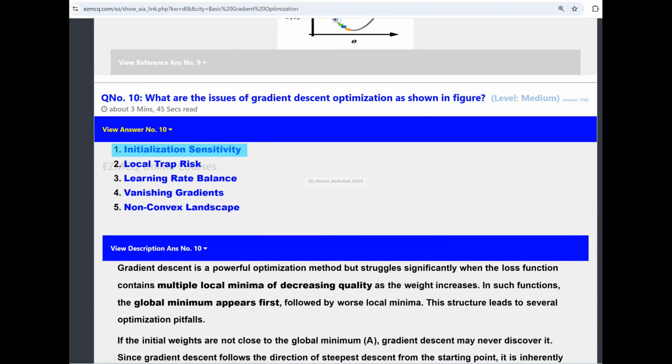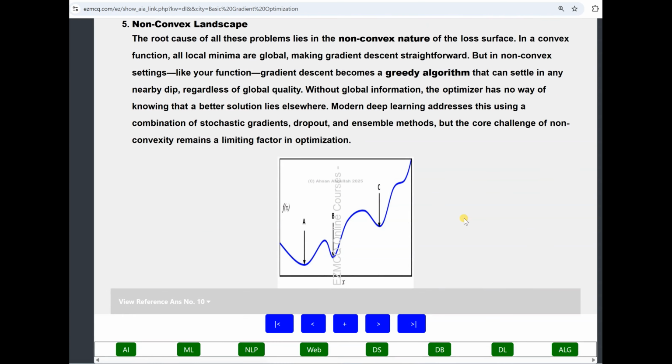So if we start from here, for example, it is unlikely to reach here. Either it settles at B or settles at C. A is gone.